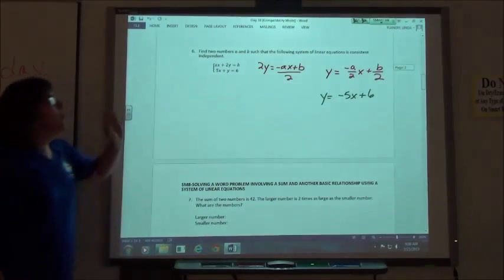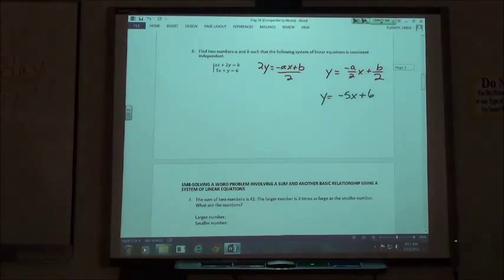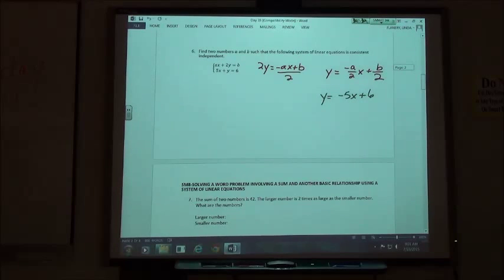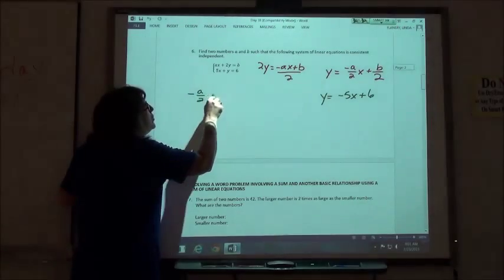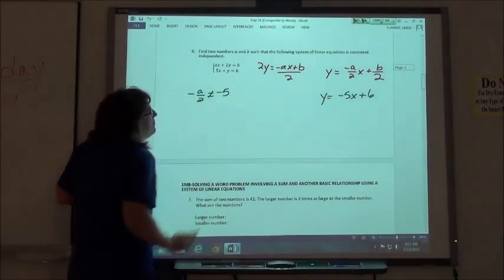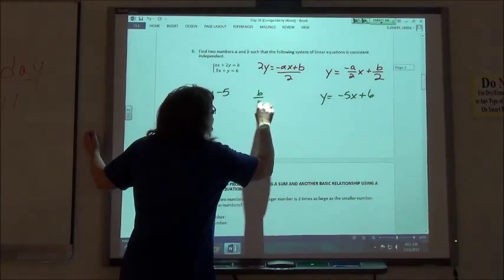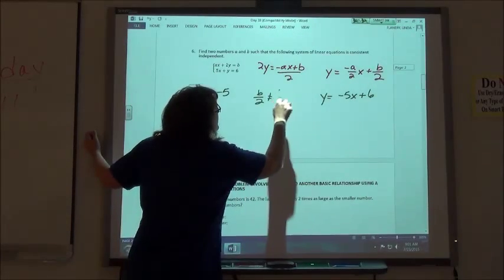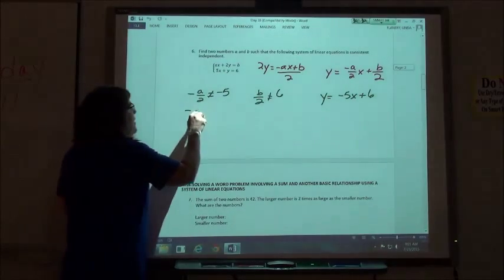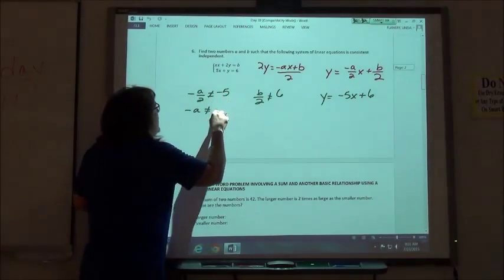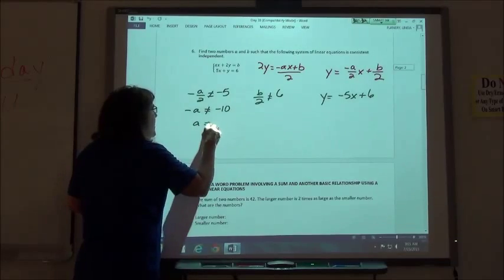So, for my slopes, since I'm doing consistent independent, I don't want my slopes to be equal, and I don't want my y-intercepts to be equal. So negative a over 2 should not equal negative 5. b over 2 should not equal 6 then. So negative a can't equal negative 10, so a can't equal 10.